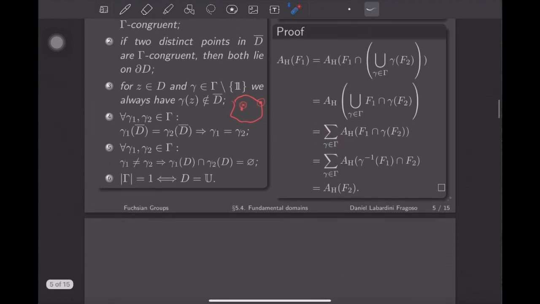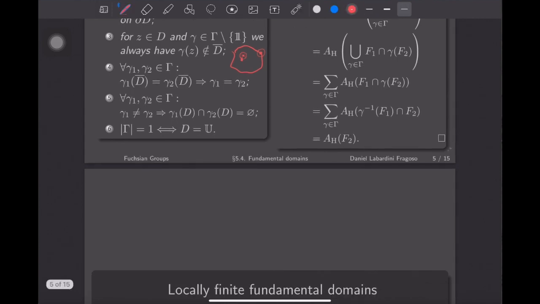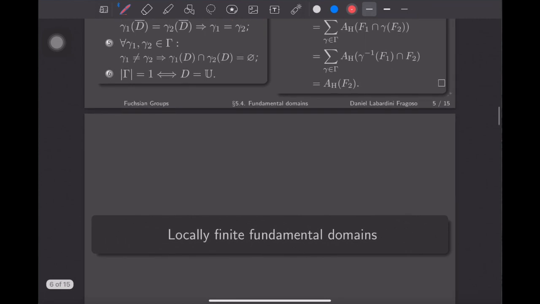So let me try to argue. Let me see if I can produce an argument for this theorem. So let's see.